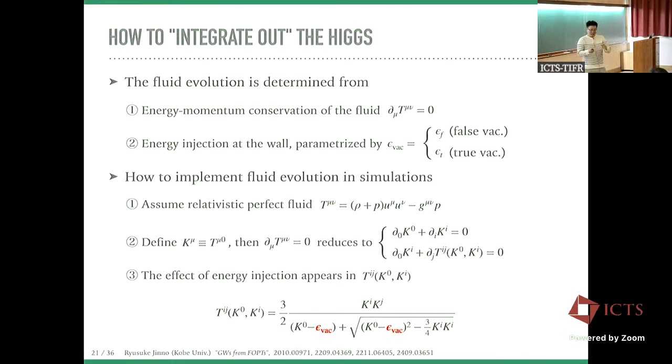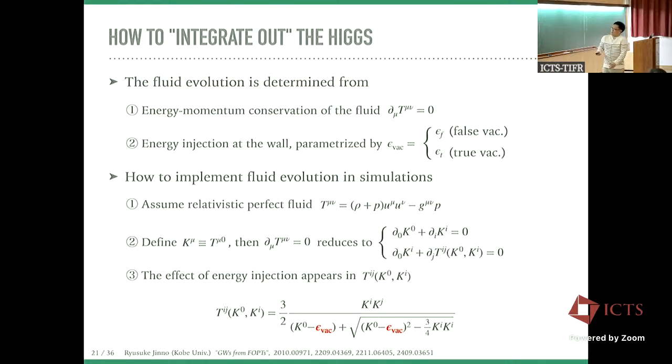Let's think in terms of the gravitational waves produced. If you look at the system, you don't care about, for example, the wall thickness or each particle. You don't care about that. The only thing you care about is that the vacuum energy in this region is epsilon true, and the vacuum energy density in this region is epsilon false. That's the only thing you care about for your gravitational wave production.